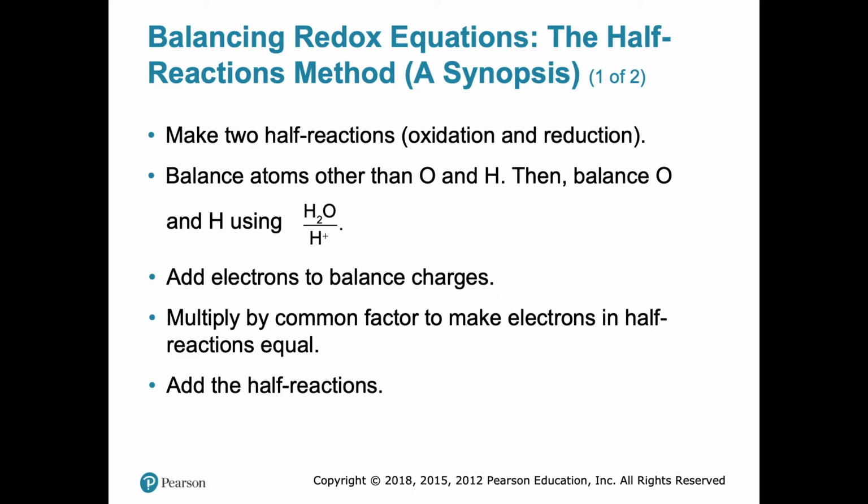If you have anything else in there, like zinc or chloride, anything that's not an O and not an H, you balance those first. Then the O's and H's, you balance using waters and protons. After you do that, you add electrons to balance the charge. Then you multiply by the common factor of the electrons so that you have the same number of electrons on both sides of the equation, so they end up canceling each other out. Then you add the half reactions to each other, and you have the full reaction, okay?